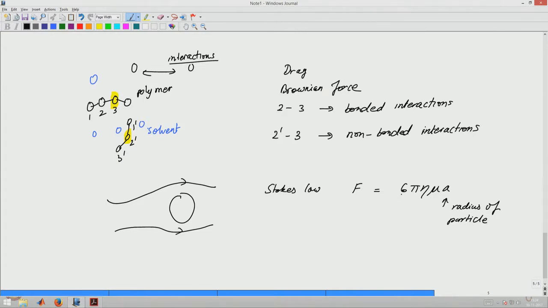And so, one can think of the overall coefficient here as describing the friction. So, the drag force or the friction force can be described with a friction coefficient.